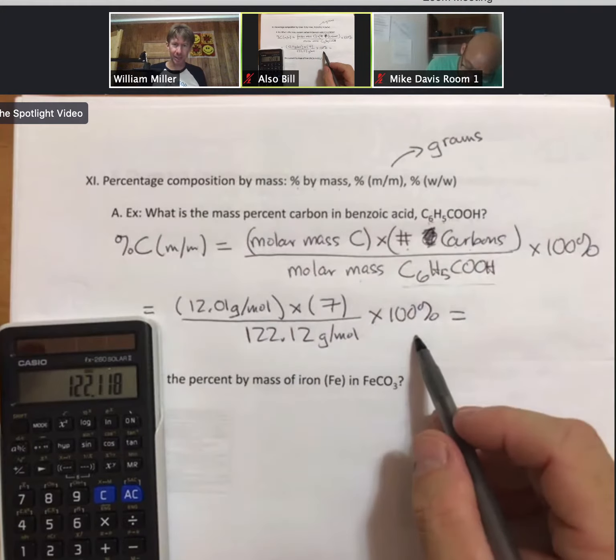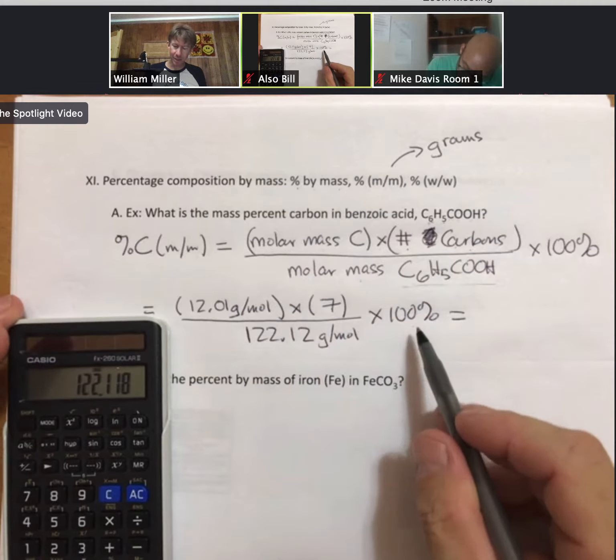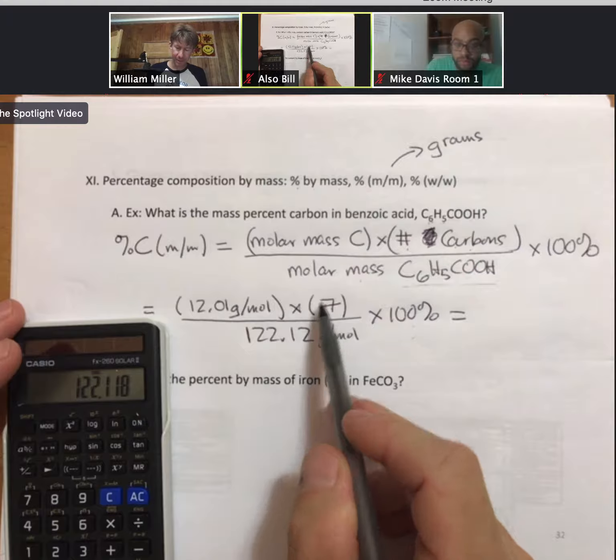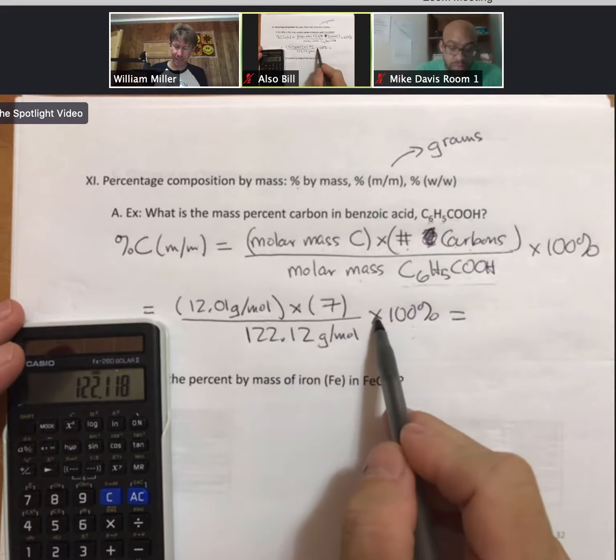And then writing out the rest of the formula. Now I'm ready to do my math. It's numbers on the top divided by numbers on the bottom times 100.